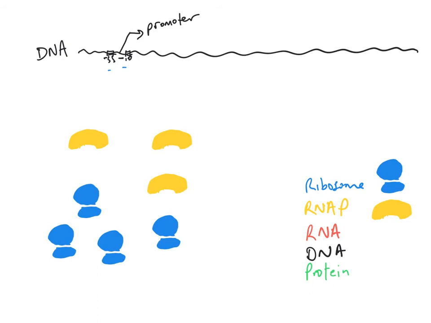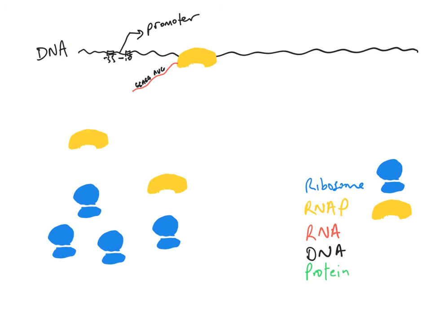So what's going to happen? Because there's a promoter here, the RNA polymerase, which I'm showing in yellow here, will be able to recognize this promoter sequence, remember, via the sigma factor, and begin to move along here and transcribe the RNA. So as it continues, the newly synthesized RNA, which is shown in red, will start to appear out from the back of the RNA polymerase.